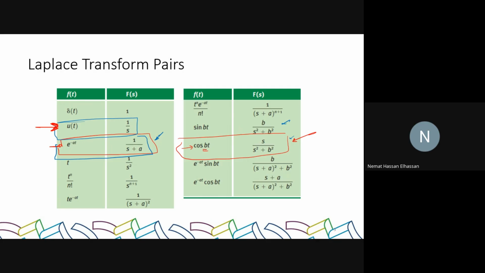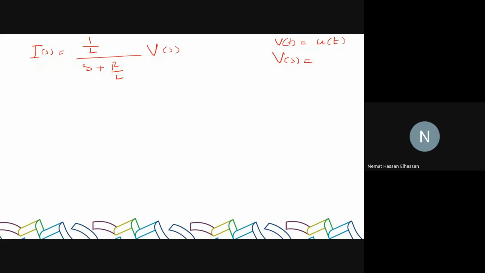If V of t is u of t, that means V of s is 1 over s, which means that this here is actually what, right? Makes sense? Now, does this look like something that we can find the inverse of?